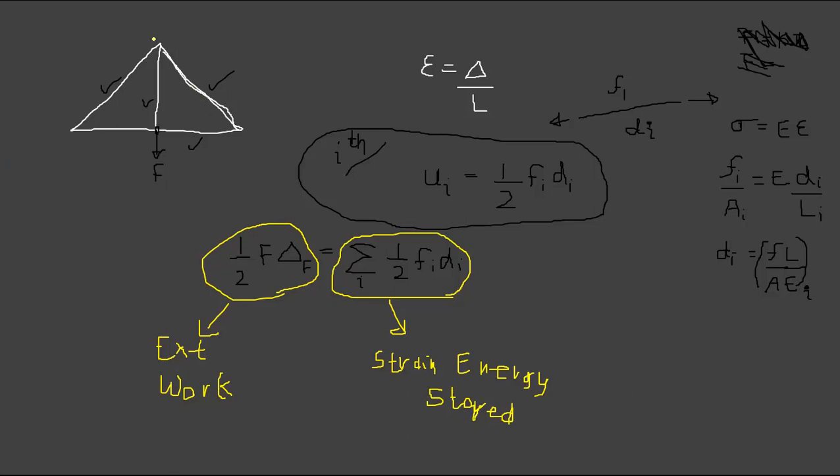So we apply an external force, creating a member force in each member, so that each member force will create a deformation or strain in each member, and each member will store some strain energy. The summation of the strain energy of each member will be equal to the total work done by the external force.